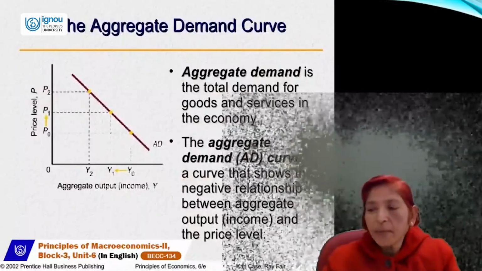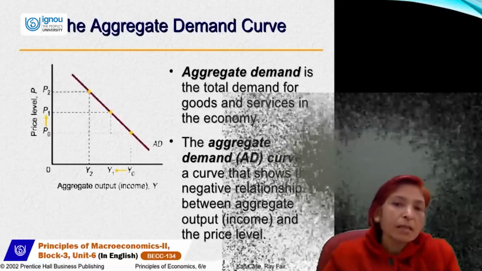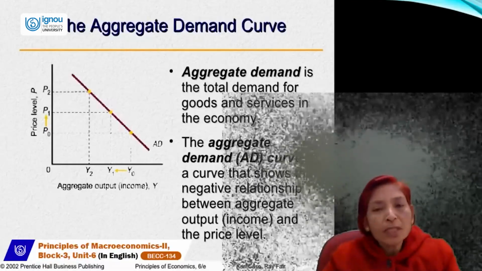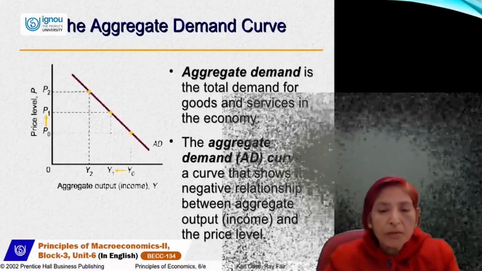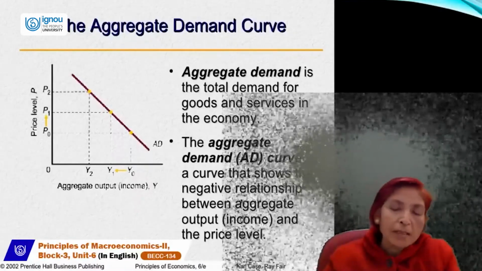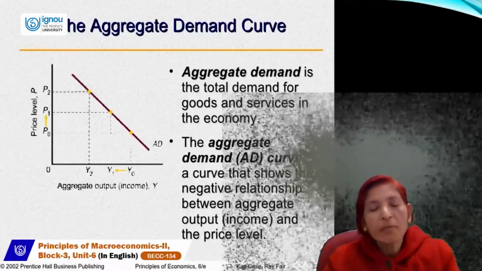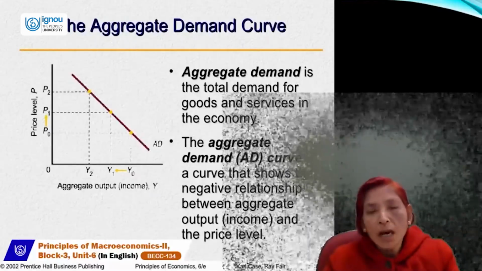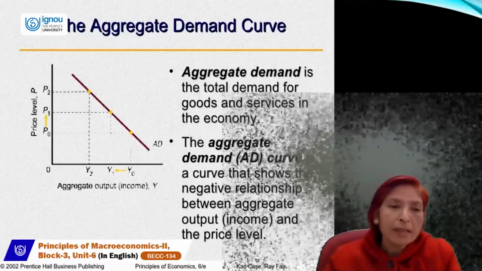Next is aggregate demand. The aggregate demand curve is always a downward sloping curve, and aggregate demand is the total demand for goods and services in the economy. The aggregate demand curve shows a negative relationship between price and quantity demanded, or an inverse relationship between aggregate output or aggregate income and the price level.